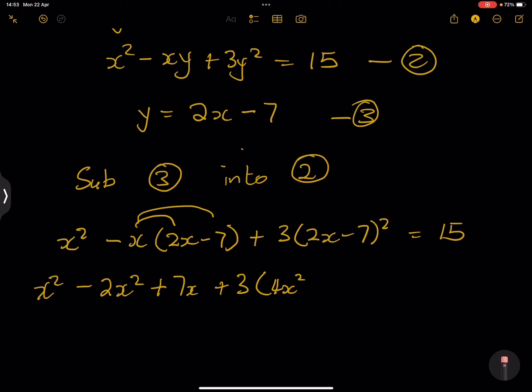Now for the middle term, all I simply do is take this times that. 2x times negative 7 will give me negative 14x, times 2, so you multiply it by the 2 that is outside. That 2, I'm not going to use as a square, but rather as a multiplication. So this is minus 14x.